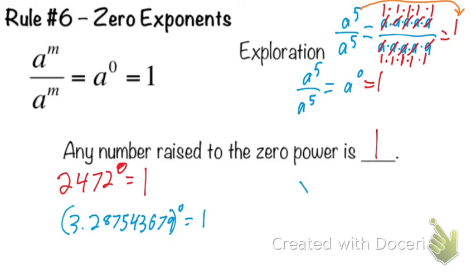If I take x, y squared z and raise the entire thing to the power of 0, what is it? 1. I don't care what you raise to the power of 0, it's 1. Every time.